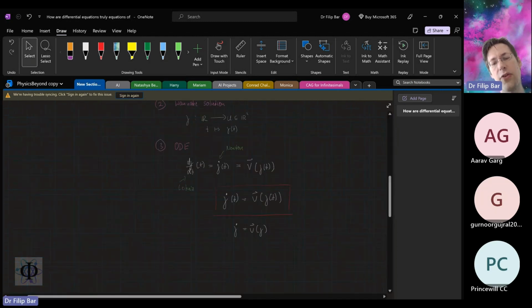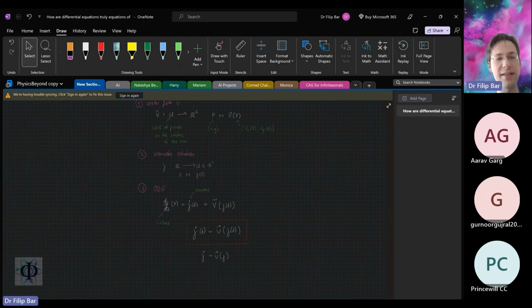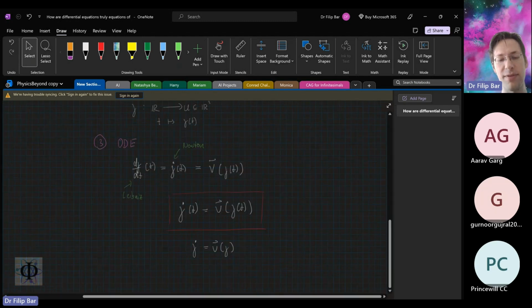So that is an ordinary differential equation, quite generally. There are some caveats that I should mention. This is the explicit form, not an implicit form, but that's not important for us at the moment.